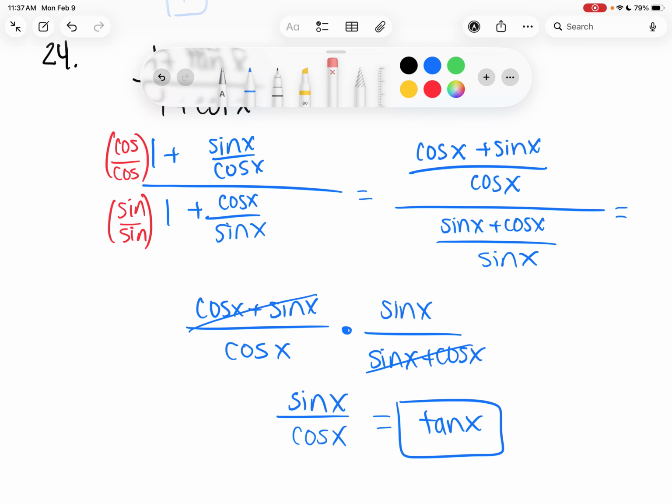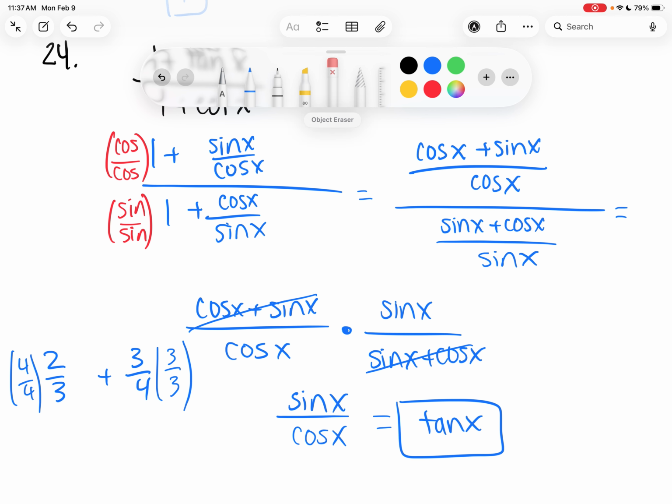No different than if I had 2/3 plus 3/4 and I needed a common denominator. I would multiply by 4 over 4 and then 3 over 3, and then I could combine them. I just didn't have to rewrite this one because it already had a denominator. Since it was just a 1, it's easy. If it's not a 1, then obviously there are other things I have to do, but most of the time they're going to be 1s.